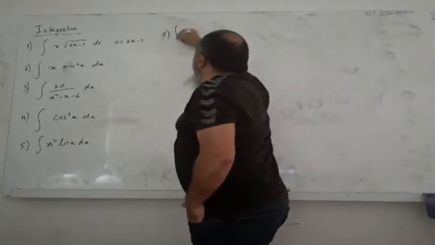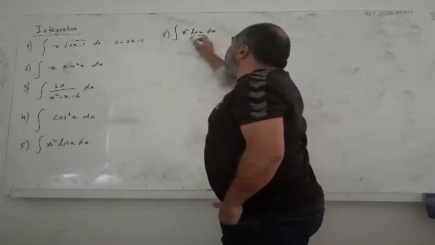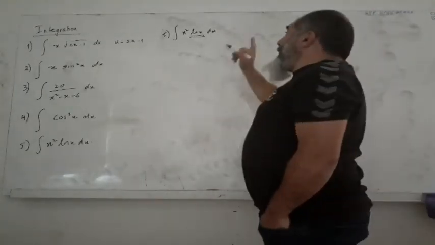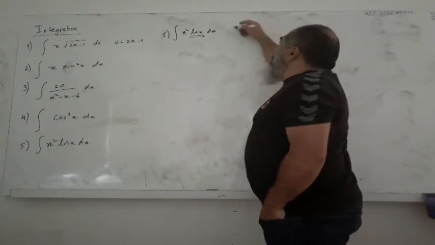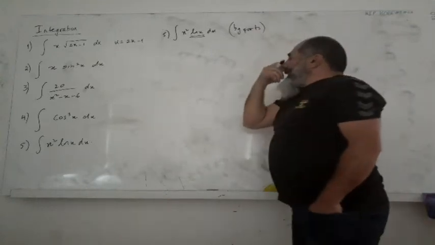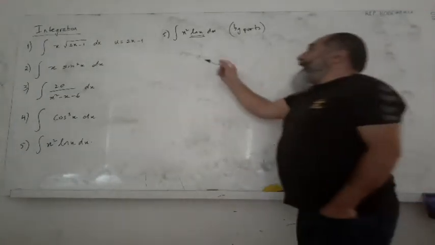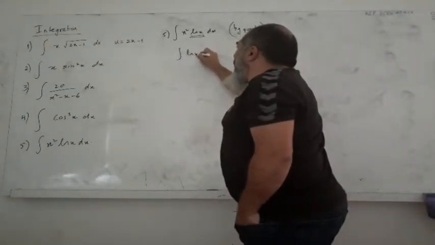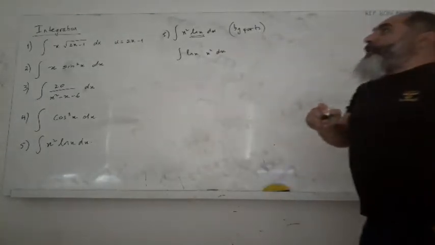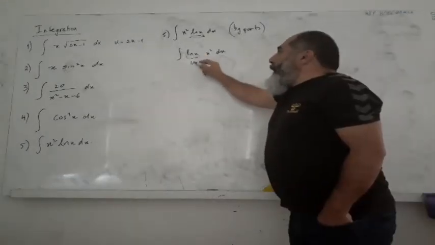Here we have a very important thing to be careful of. In this question, as you see, we have to use the method of integration by parts. If we have ln x in a question and we are going to use by parts, ln x is always u and the other expression is dv.